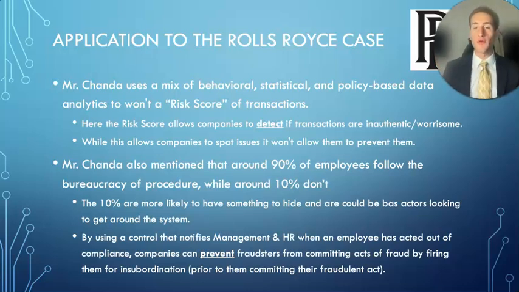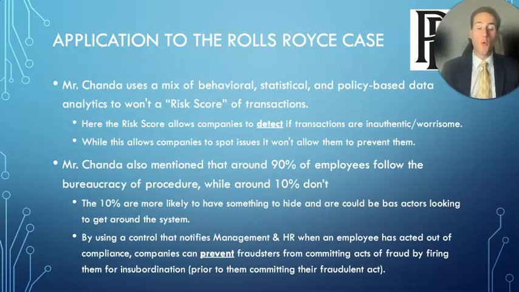This allows a company or investigators to detect the fraud itself. So in this way, we are able to better detect fraud in a more nuanced way than just a broad data analytic way, by blending, of course, the three data analytics that I mentioned earlier. So that's the first way I argue that Mr. Chanda's analysis applies to Rolls-Royce.